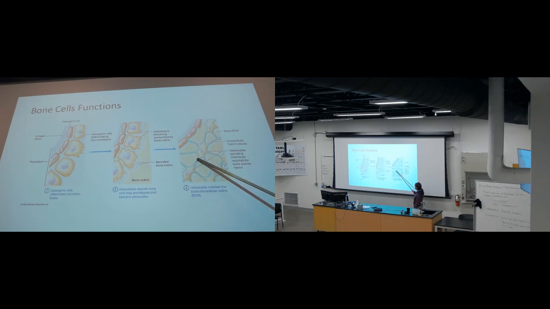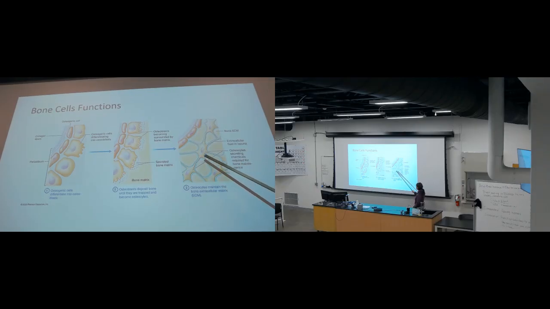So the osteocytes will have a star shape. They have a nucleus that is smaller than this previous cell, which was less differentiated. And then they use these cytoplasmic extensions to connect to other osteocytes through the canaliculi, through these little channels in the bone tissue.